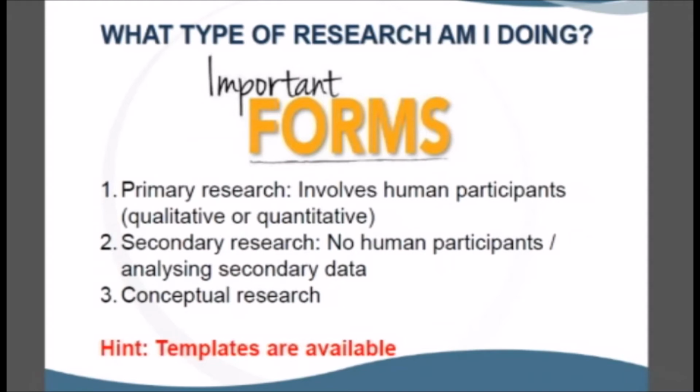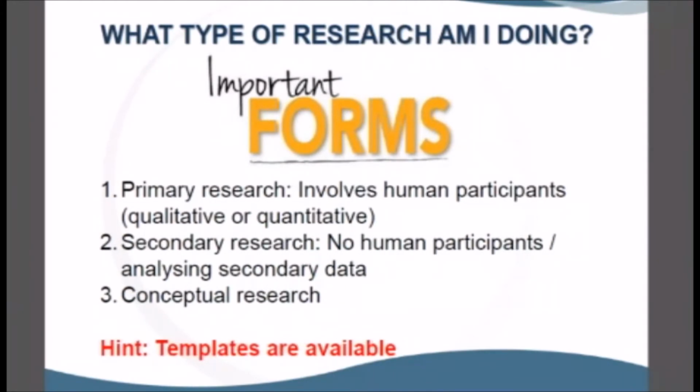Also, conceptual research. What is conceptual research? Say, for example, you are taking a specific topic and you have a number of research studies that you would like to combine and say that this is what author A with this particular study found.